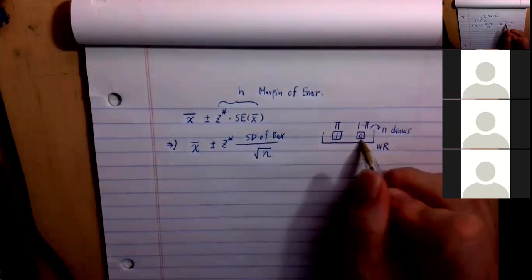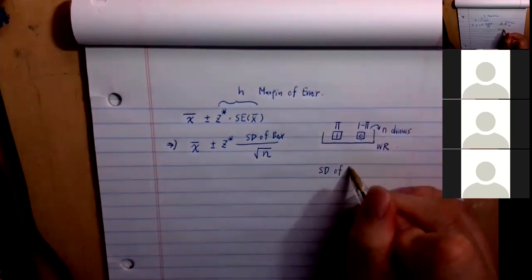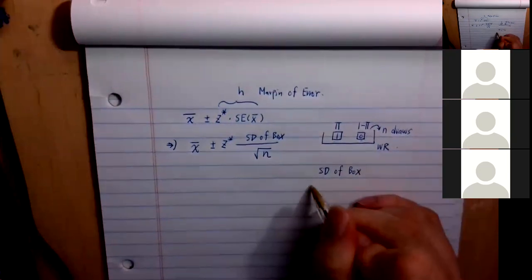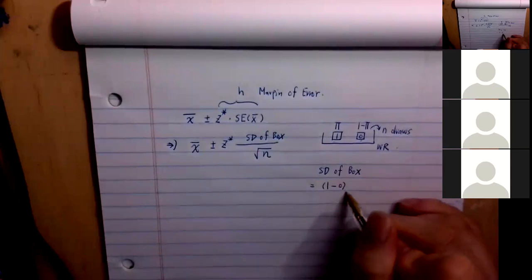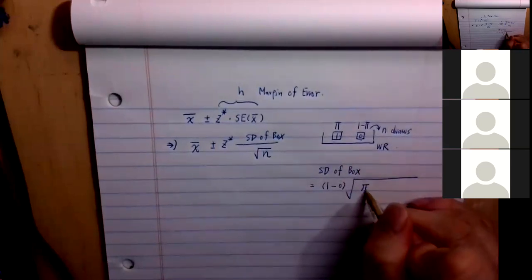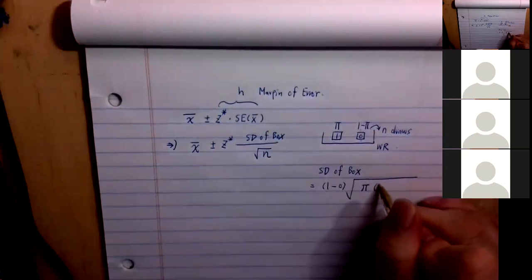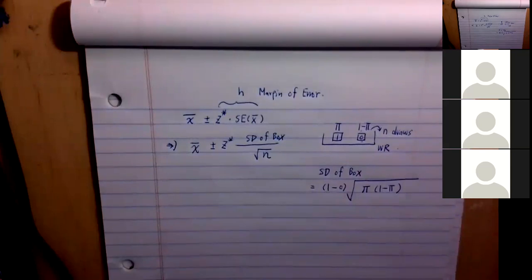If a box has only two different numbers, what is the standard deviation of the box? It's the large number subtracted by the small number, and then the square root of the proportion of the large number times the proportion of the small number. This is a formula I posted in the notes online. So we're going to use that.